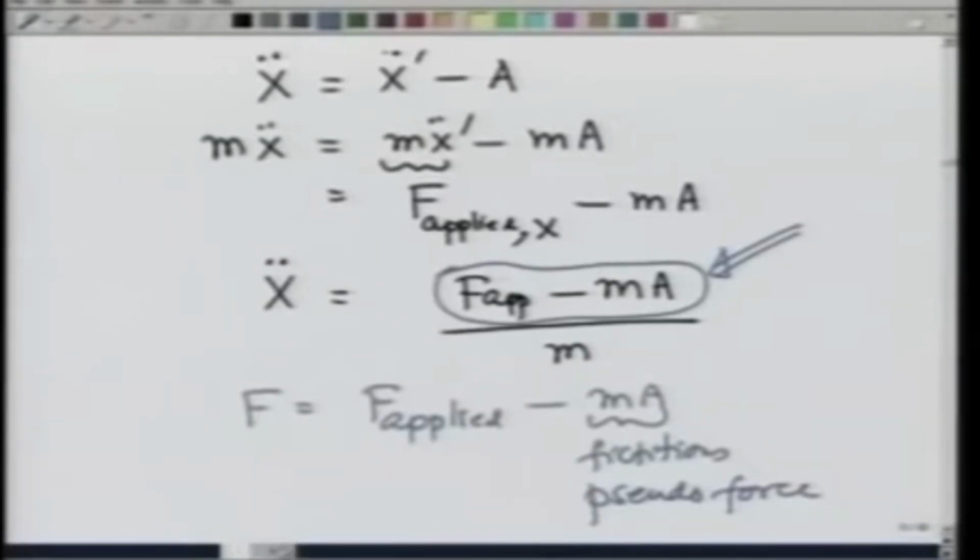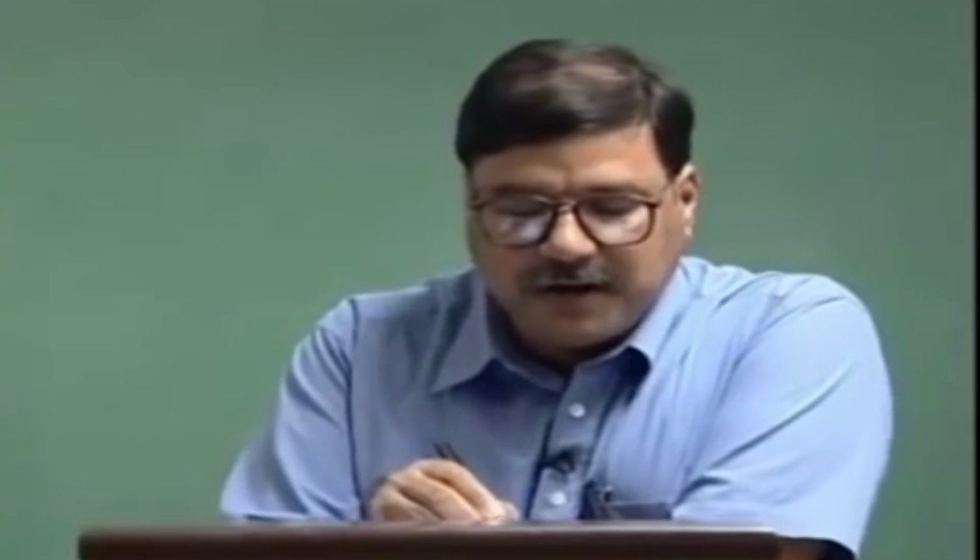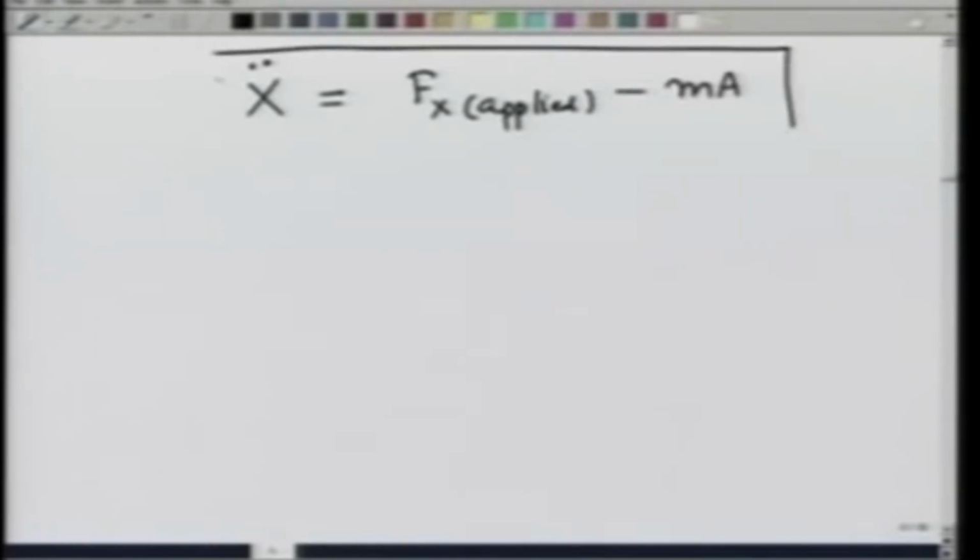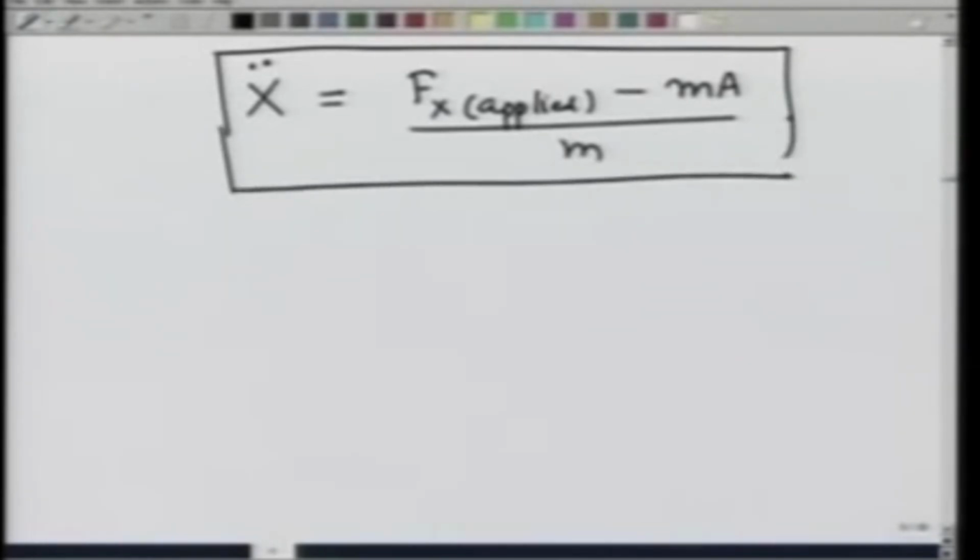of motion, and that is that in the accelerating frame I would describe the change in the x coordinate as F in the x direction applied minus m a, divided by m. Solution of this should give me x as a function of time.